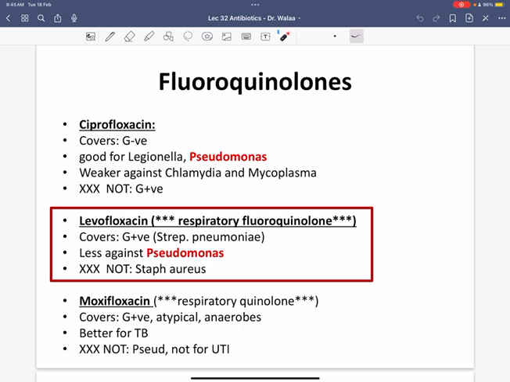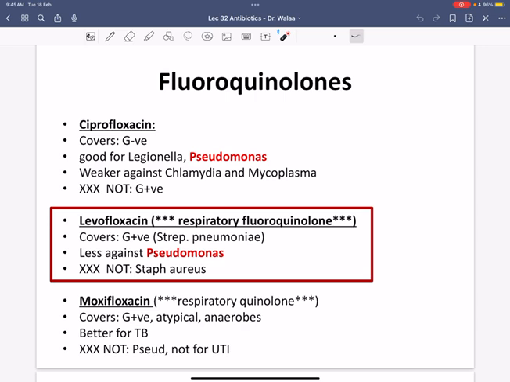I go, for example, for levofloxacin. That's why it's called a respiratory quinolone. Even though they are under the major category fluoroquinolone, the mechanism of action and coverage are totally different. Levofloxacin covers gram-positives, but its anti-pseudomonal coverage is very weak. So if I want to start a patient on anti-pseudomonal therapy, I don't go for levofloxacin, I go for Cipro.